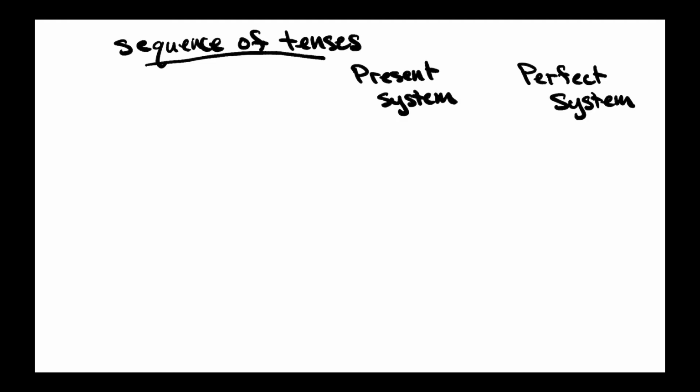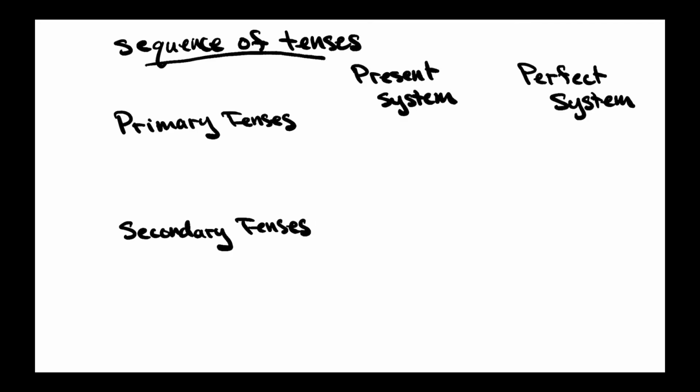The other important distinction is between what we call primary tenses and secondary tenses. And when you understand the relationship between the primary tenses and the secondary tenses that they have between the present system and the perfect system, then you can translate the subjunctive with relative ease.